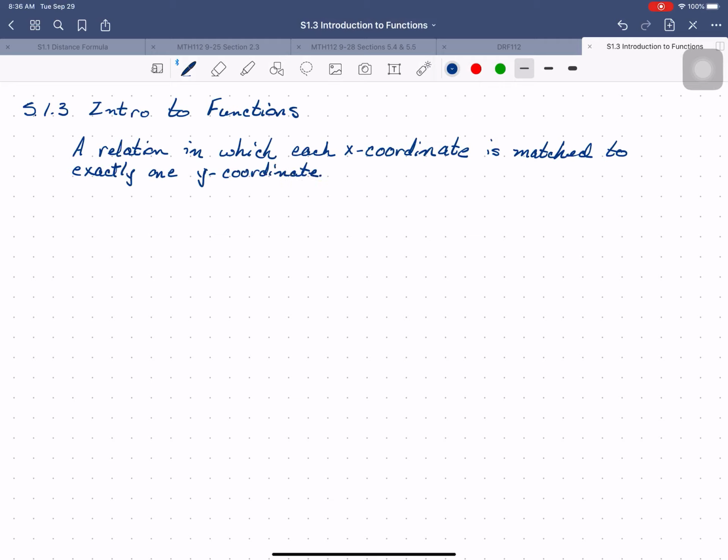So in other words, if we know what x is, we know what the corresponding y is, and there is no confusion.